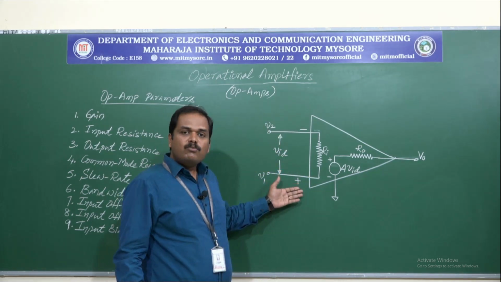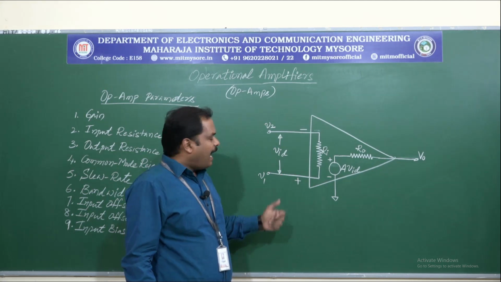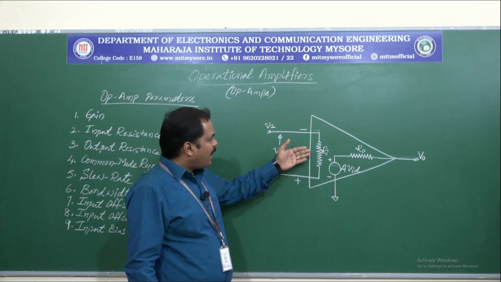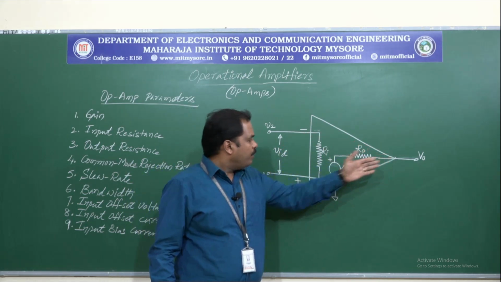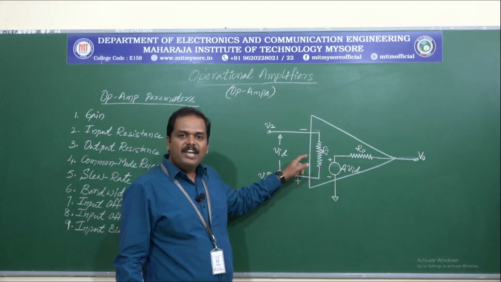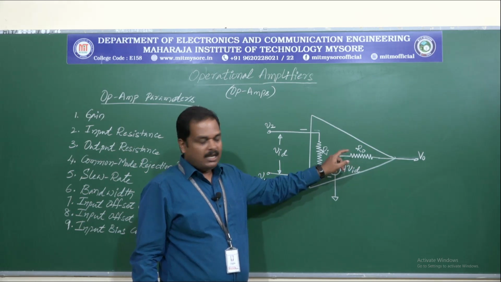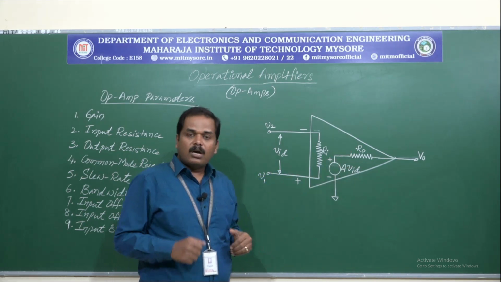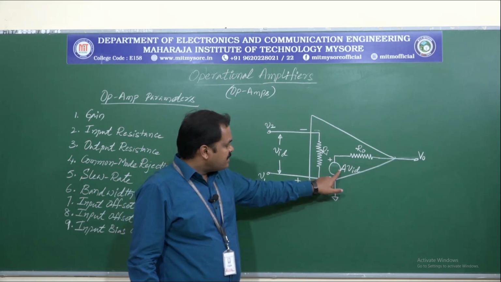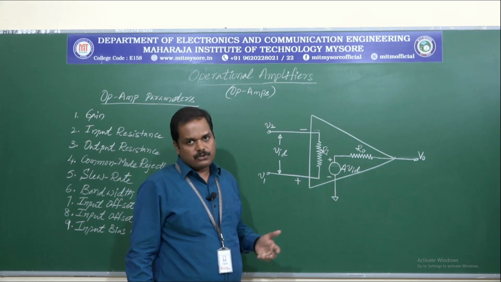This diagram shows the equivalent circuit for the op-amp, and it involves the important parameters like Ri, R0, V0 and A, where Ri is the input resistance and R0 is the output resistance. R0 is also called the Thevenin's equivalent resistance, and A into VID is the Thevenin's voltage source.